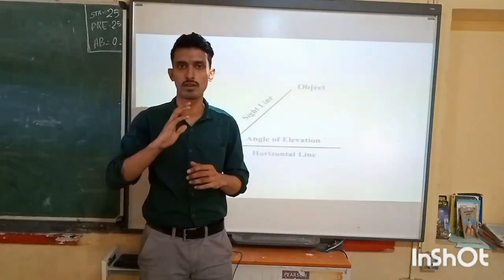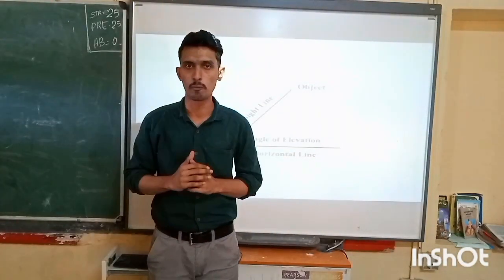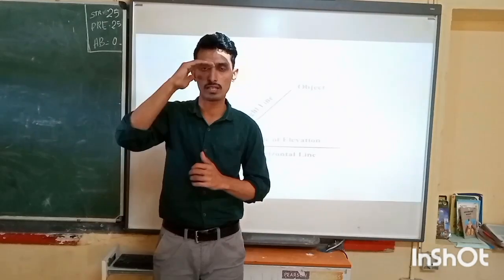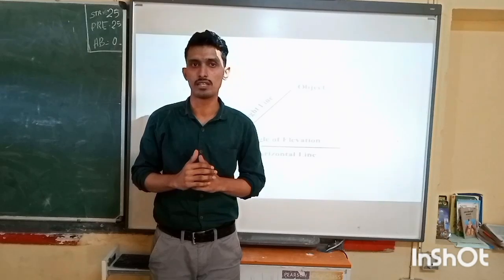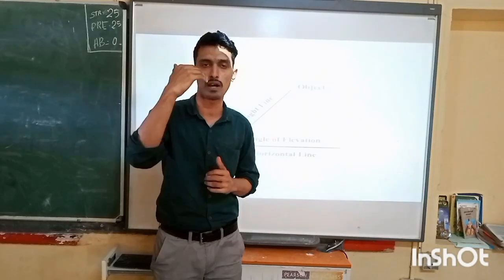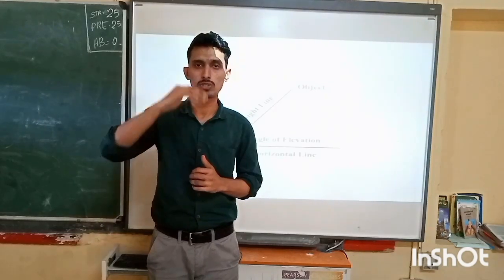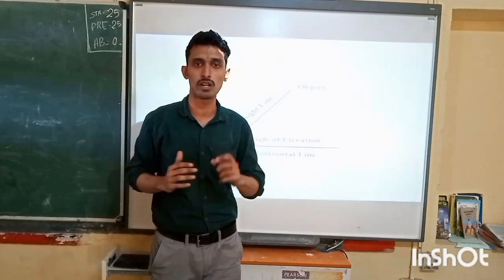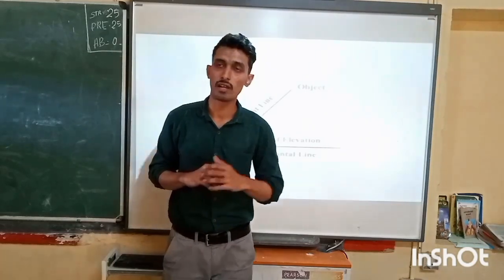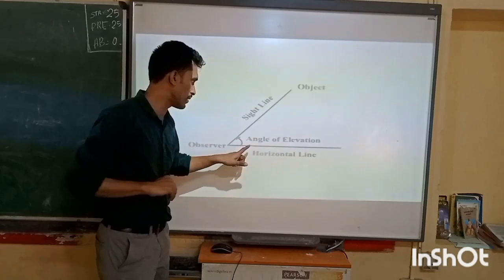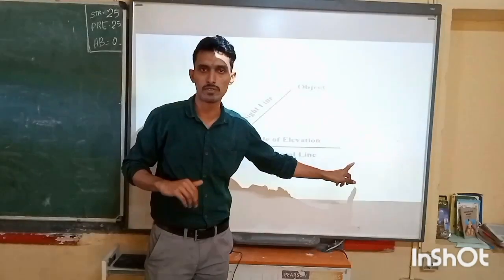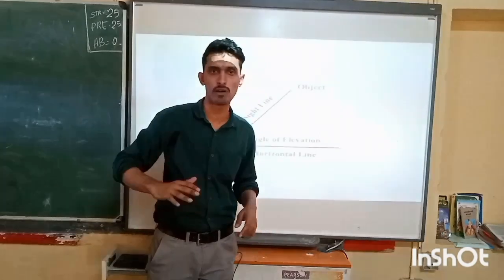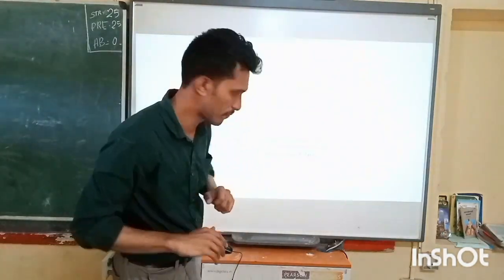Suppose children, if I am just seeing a person in front of me, there will be an imaginary line created between the observer and me. That imaginary line is called line of sight. And more than that, there will be a horizontal line which is drawn parallel to the ground level. That is also an imaginary line.